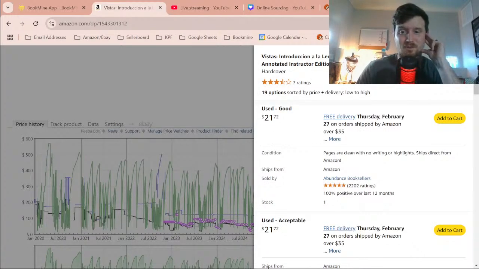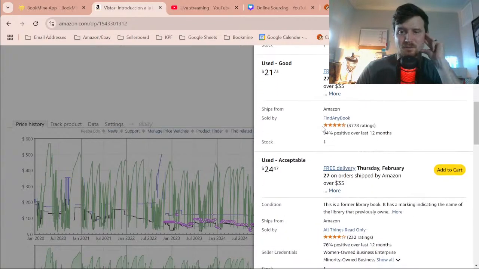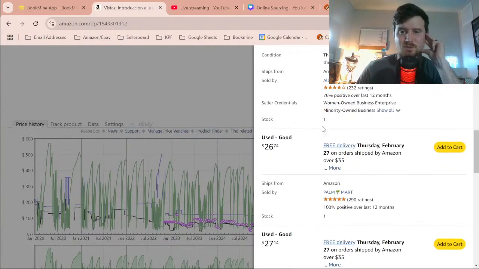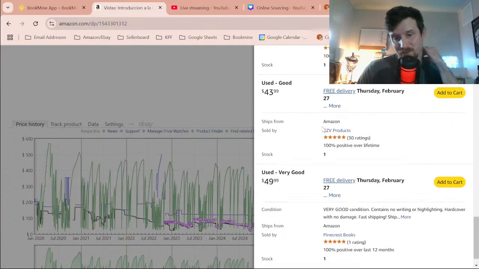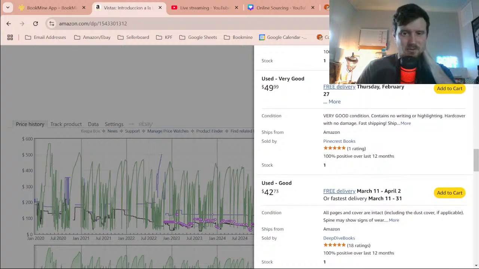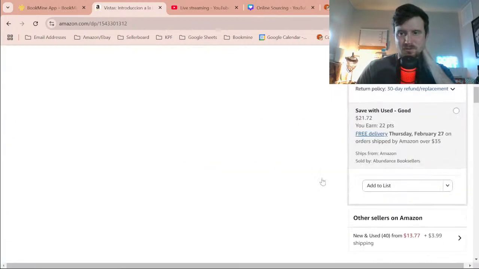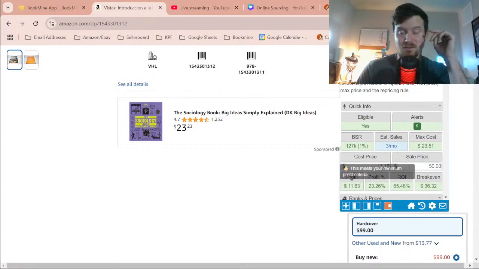And it is a little low. Let's see. We got 1, 2, 3, 4, 5, 6, 7, 8, 9. Let's say 9 until you're getting into the place where you can actually sell it for a good profit. Because let's see, if we sold it for 50, we're still making $10.